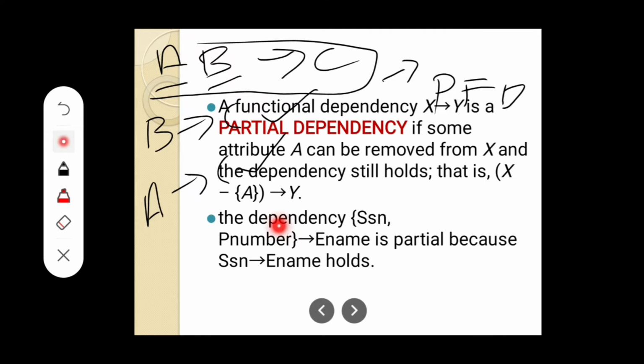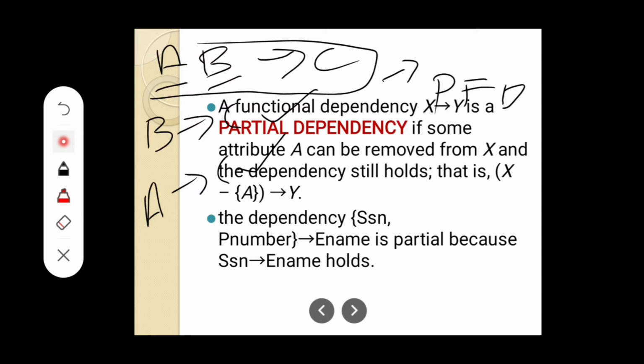So the dependency SSN, P number determines E name is partial because SSN determines E name. If we remove P number, the remaining is SSN determines E name. This will hold, holding means this will be true. In that case it is called partial dependency.